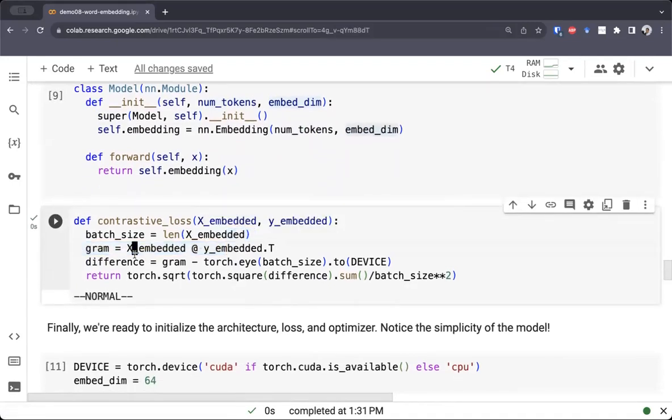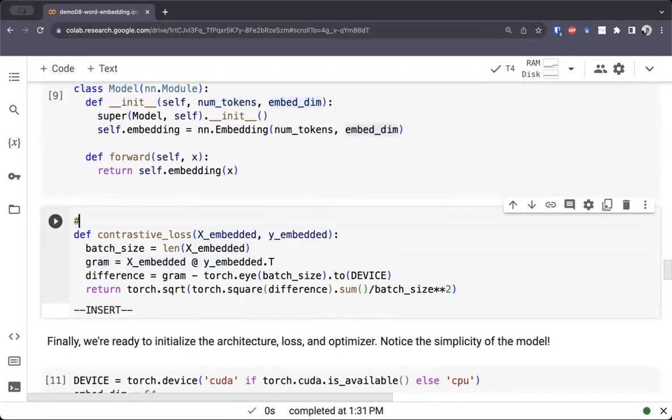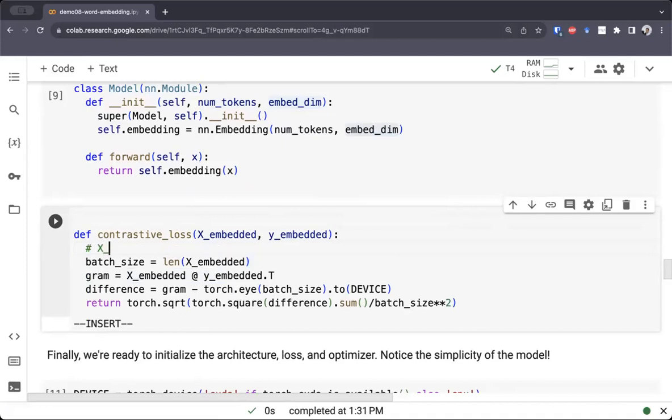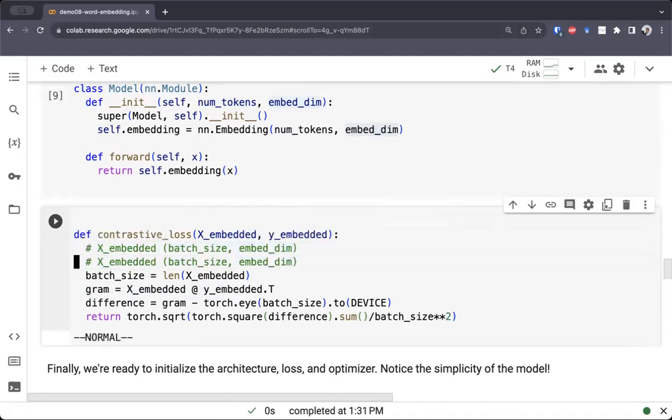Now the contrastive loss, this is a little bit clever. X embedded is a matrix of size batch size by embed dimension, and Y is also the same thing. So each one of their batch size rows consists of the vector representing that word.